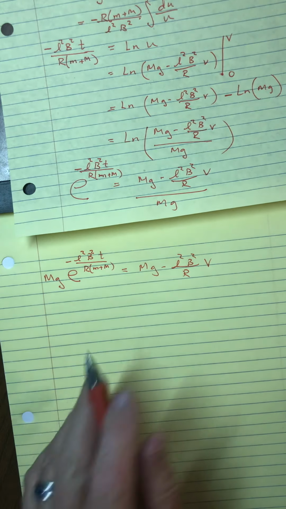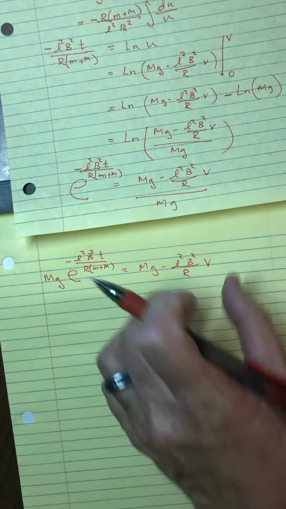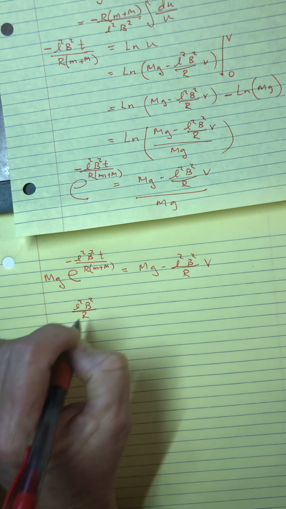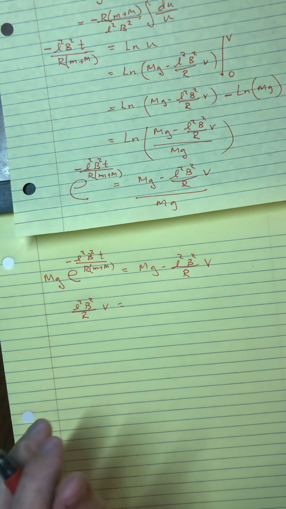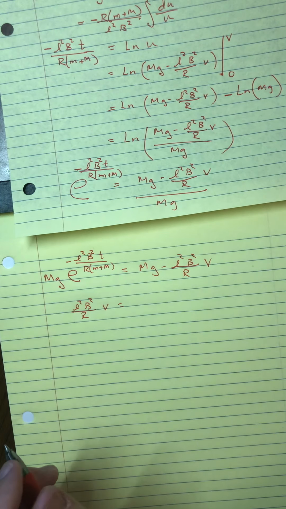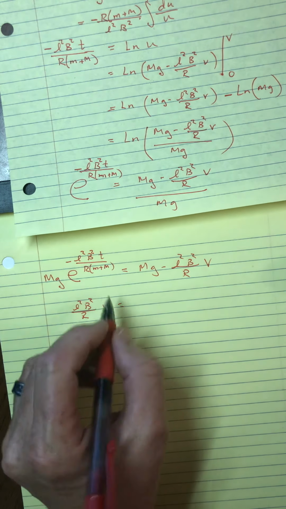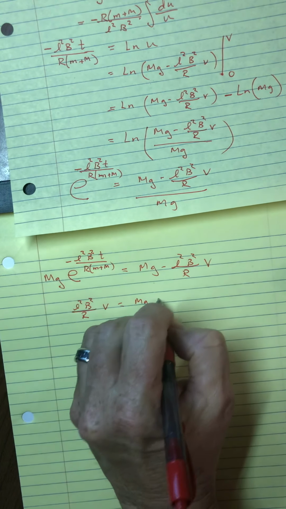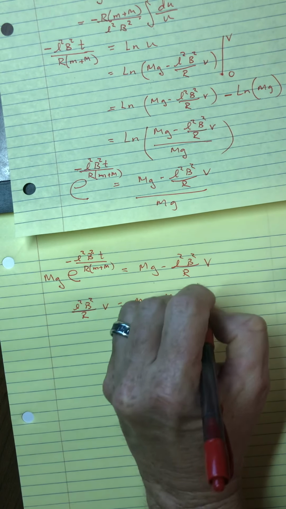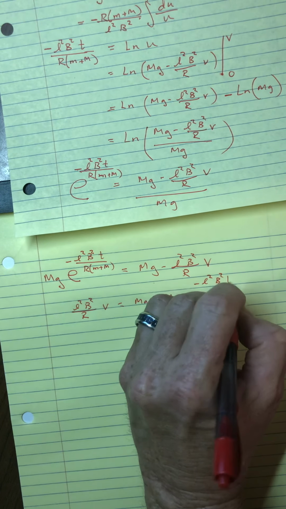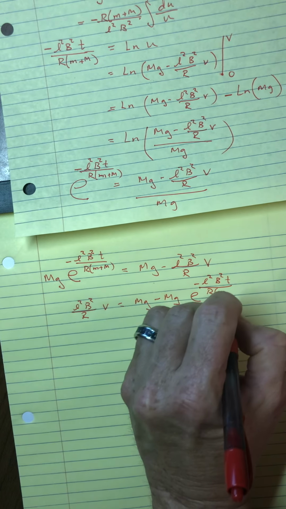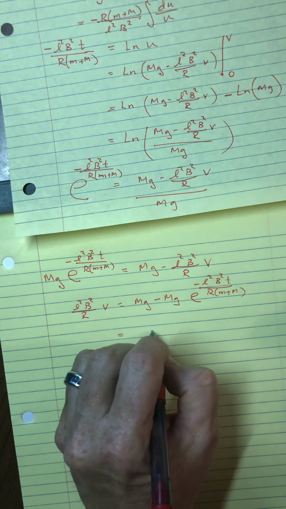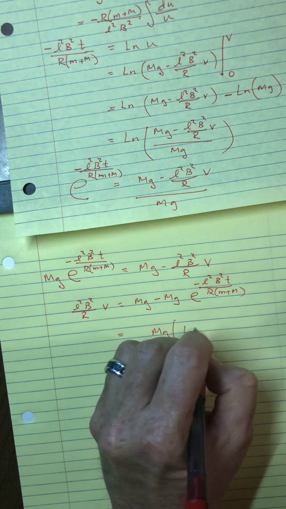Okay, so now if I want to solve for V, why don't I put the L squared B squared over RV over here on the left-hand side. And then over here I'll put the mg, and then this will be a minus an mg e to the minus L squared B squared T over R little m plus big M. And of course you can see that each one has an mg in it.